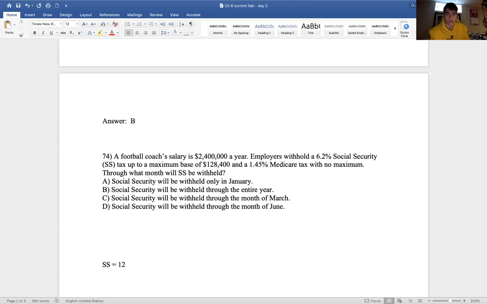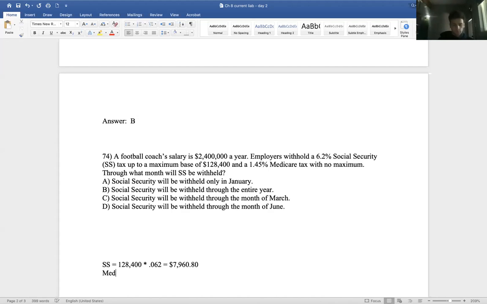I just added the 128,000 and then multiplied the salary by 1.45. Okay, so you're including the Medicare. Yeah. Okay, gotcha. So the Social Security would be 128,400 times 0.062, and that equals, I got 7,960.80. Is that correct? Yep.